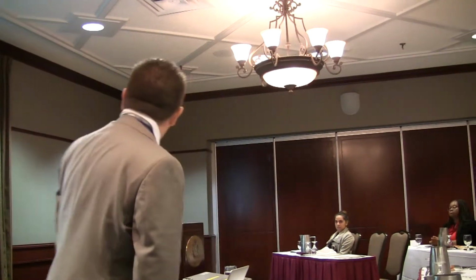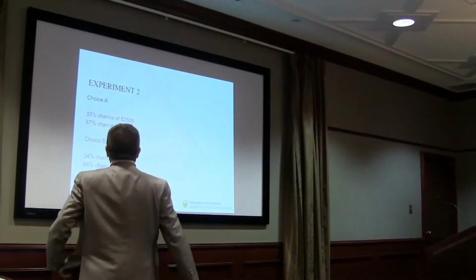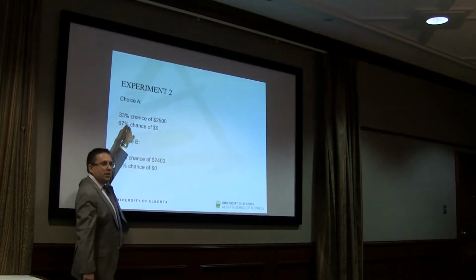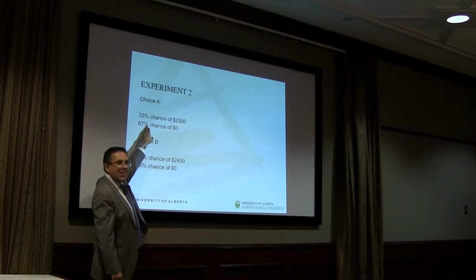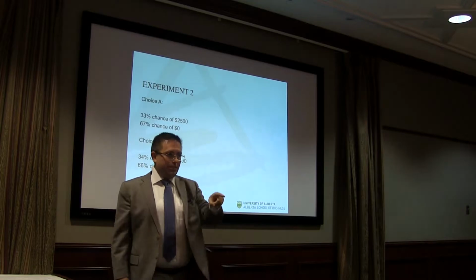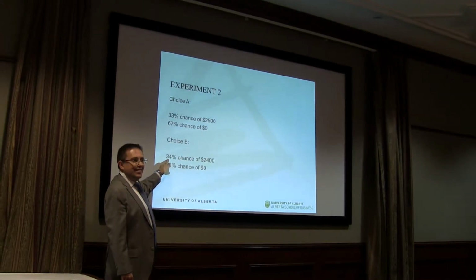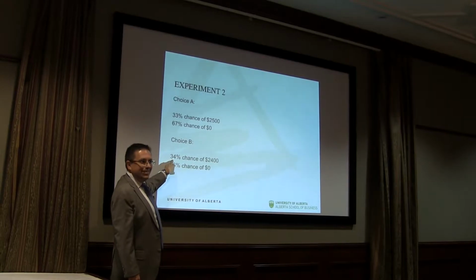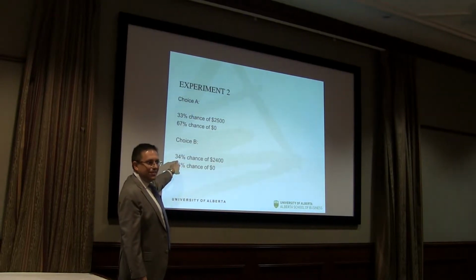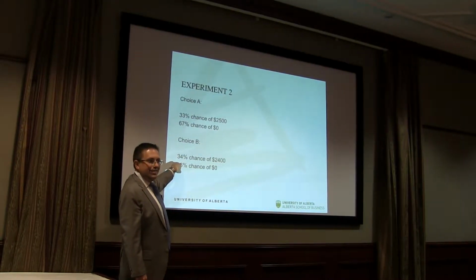Experiment 2. What is the value of this now? So 33% of 2,500 is 875, and then here it's definitely less, right? Yeah.